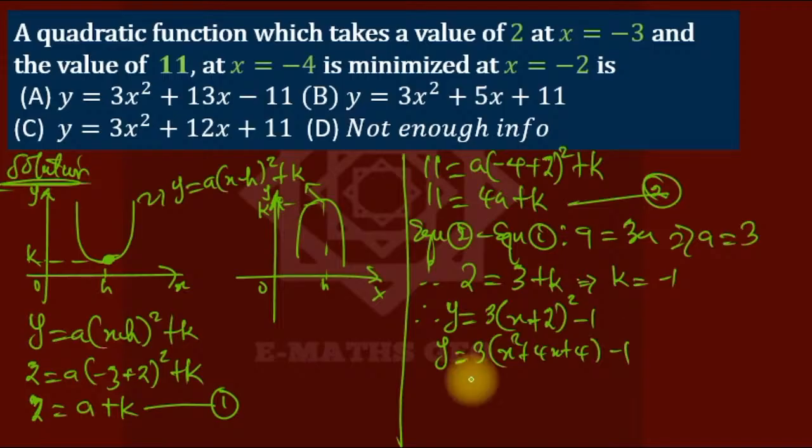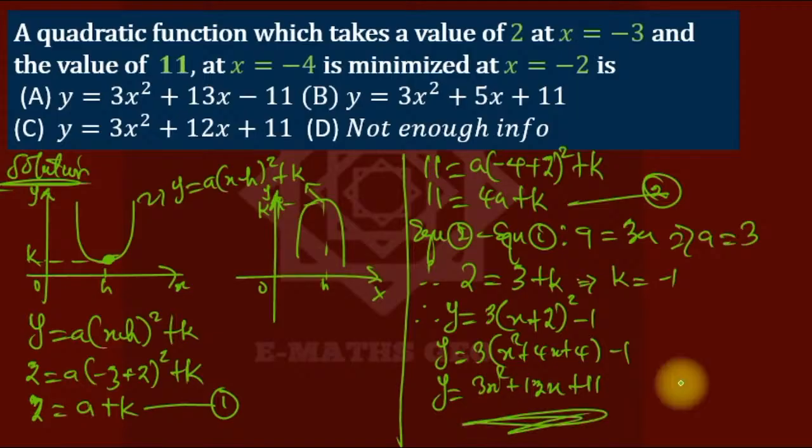So y equals 3x squared plus 12x plus 12 minus 1, which is 11. So this is the quadratic function. That's the answer, that should be option C. It's a tricky one, but still simple. Thank you.